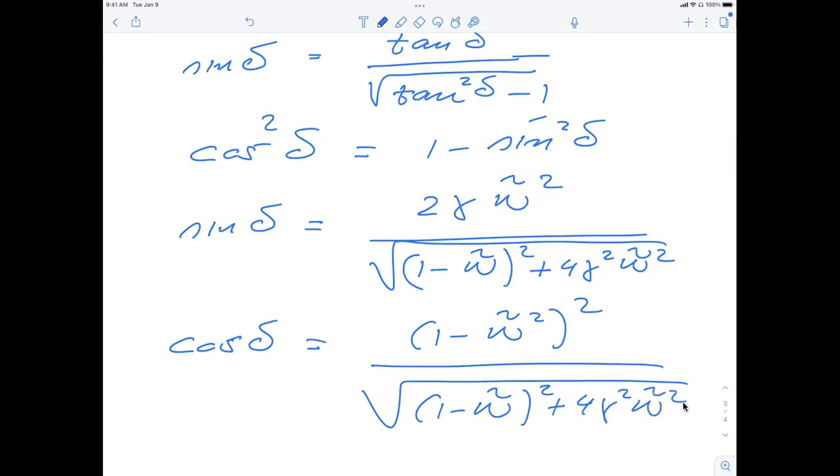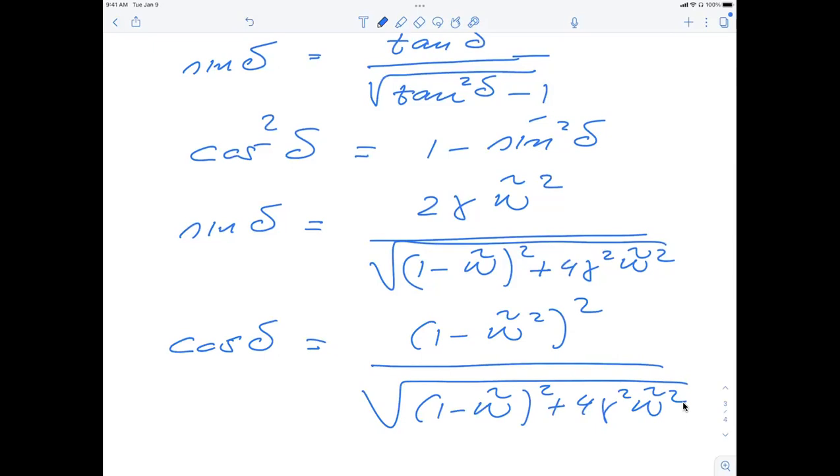So there are some small details. I hope you see the wood for the trees here, because some of these derivations are not that exciting. So I just want to give you the expressions.